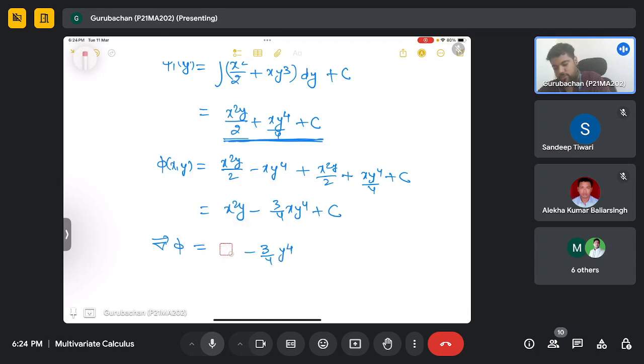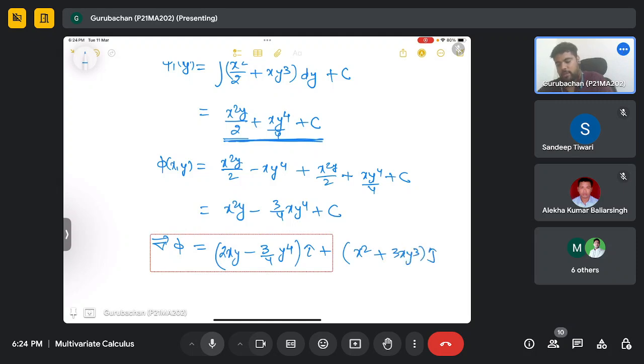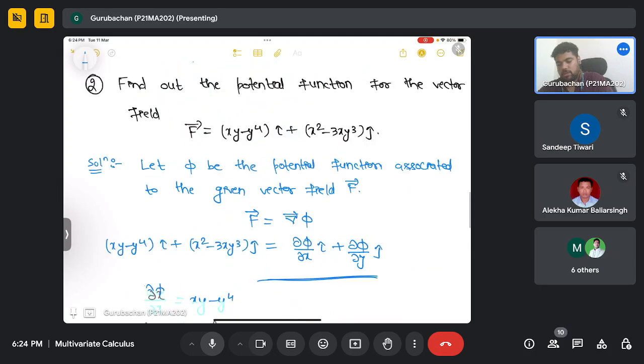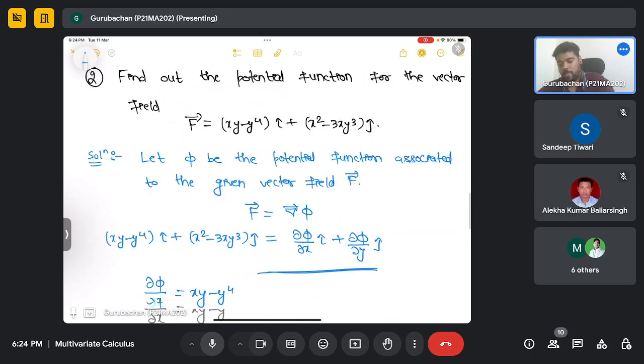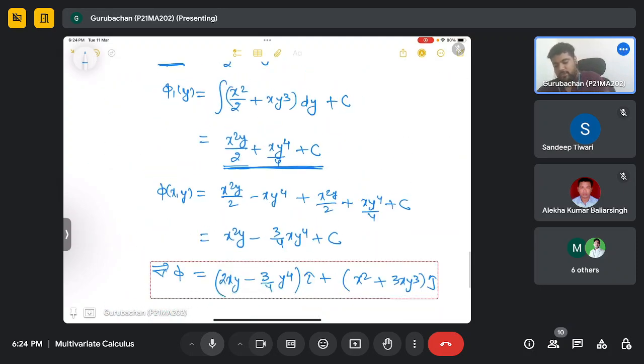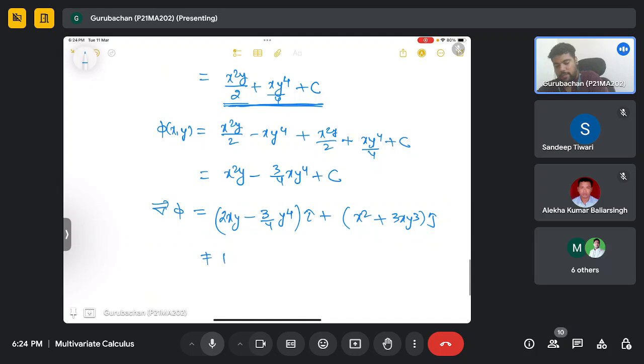Sorry, here with 2xy i cap plus x square plus 3xy cube j cap, which is not equal to our f. So that means there should be some mistake we have done, or you can say that the phi function does not exist.